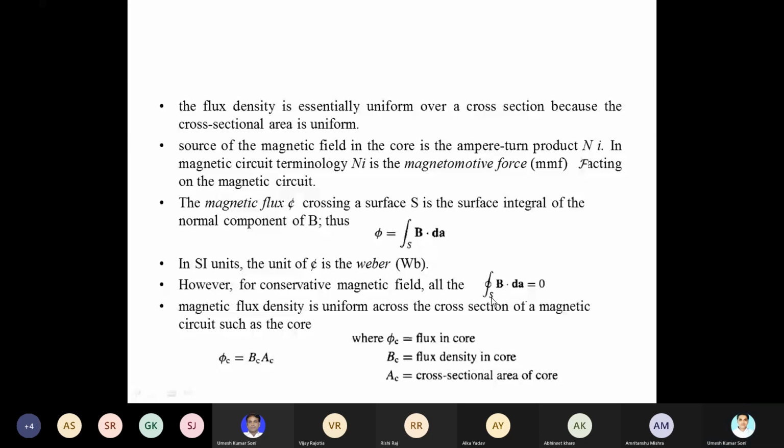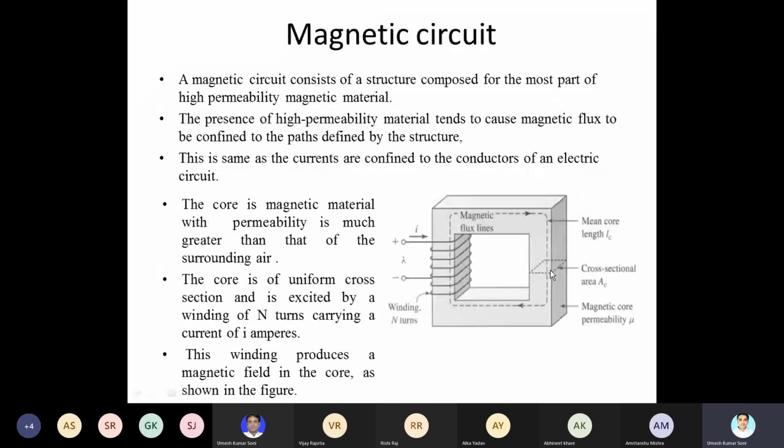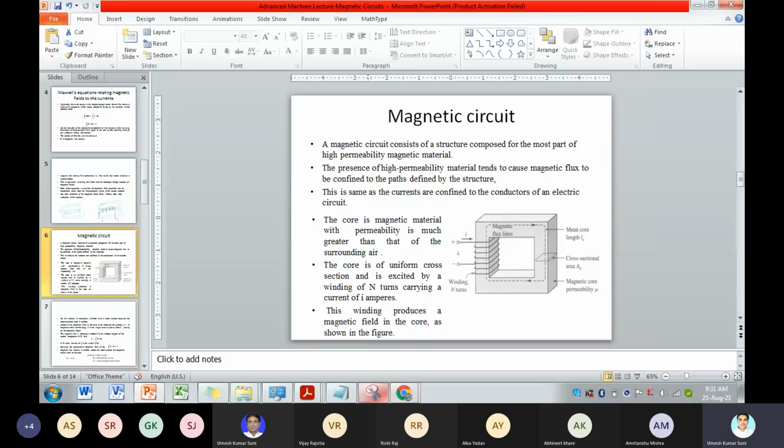Now if we take the integral of the incremental area dA along the whole surface, it is the total area. Suppose this is the area and one small part of this area is dA.